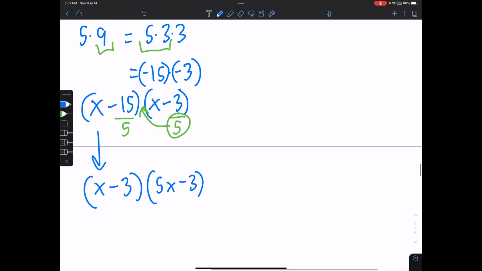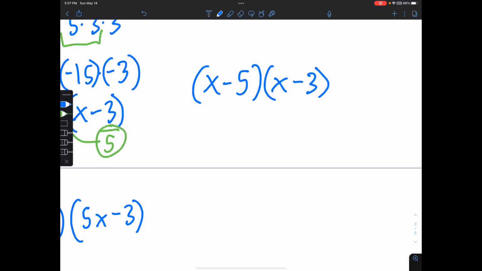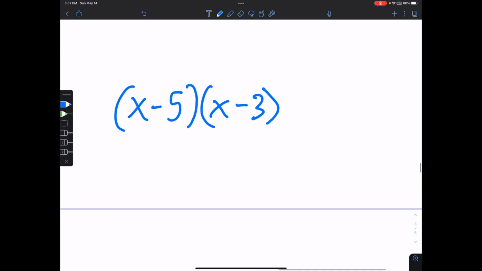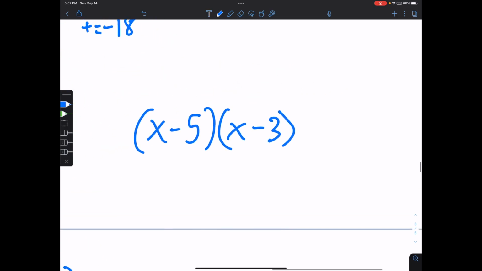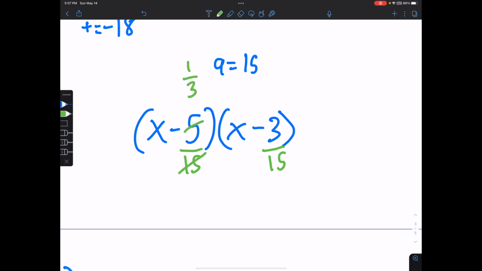Let's say, for example, we had the factors 5 and 3, and our a was actually 15. Then we would still divide everything by 15, and then we would simplify. This would become 1 over 3, and this would become 1 over 5.